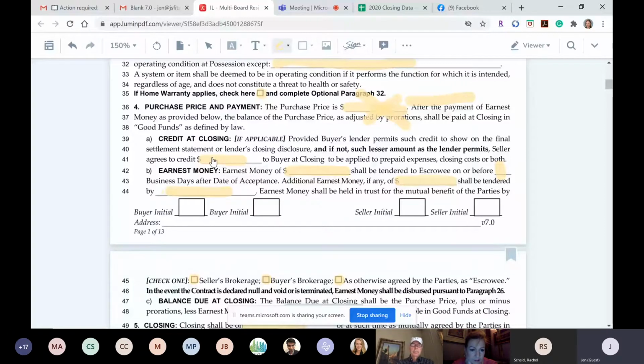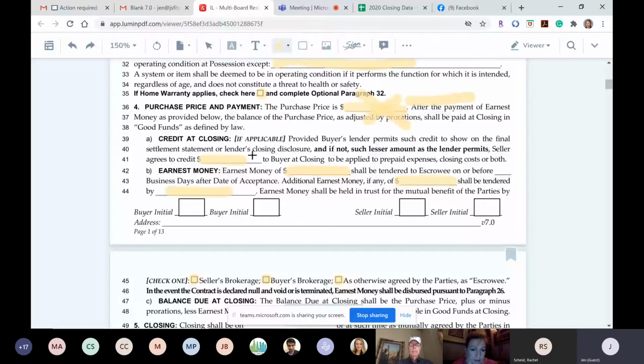And oftentimes, it's obviously very related to your purchase sales price. It's basically a net out for the seller, but it means a lot to a buyer.